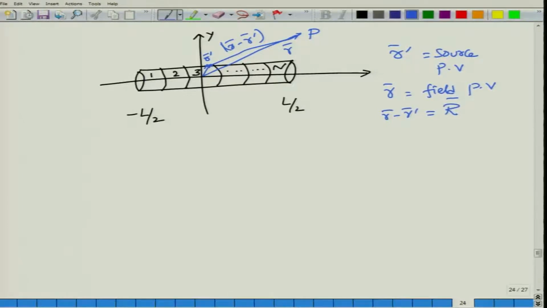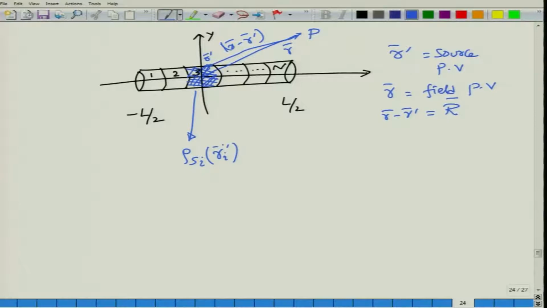Now what we assume further is that within this particular section, here it is section 3, but in general it can be any one particular section J, or the ith section, we assume that the charge distribution is going to be constant. For now, we neglect that this is actually a volume, because this is a conductor and most of the charges are actually residing on the surface. So what you are actually calculating is, on the ith section, the unknown charge density rho si, and this rho si will have a certain position vector ri prime.